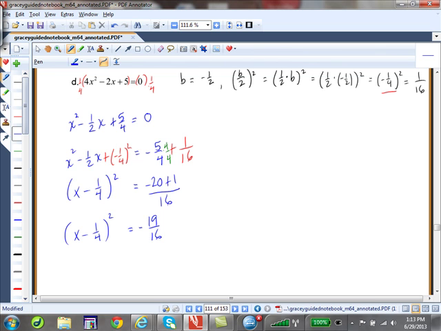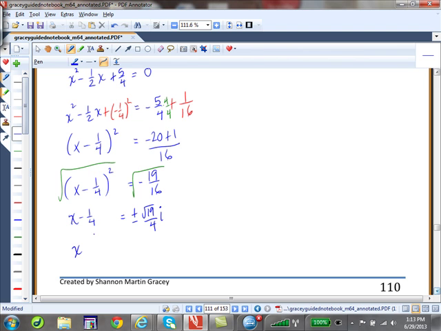So now we use our square root property and we get x minus a quarter is equal to plus or minus, we have a negative, so we're going to have an i. So we'll have root 19 over 4 for the 19 over 16 part times i. So when I isolate the x, I'll have 1/4 plus or minus root 19 over 4 i.